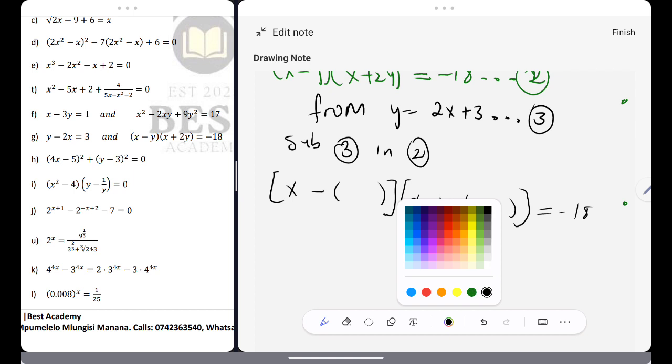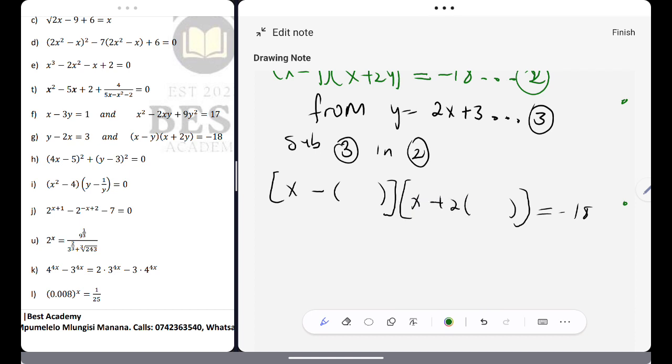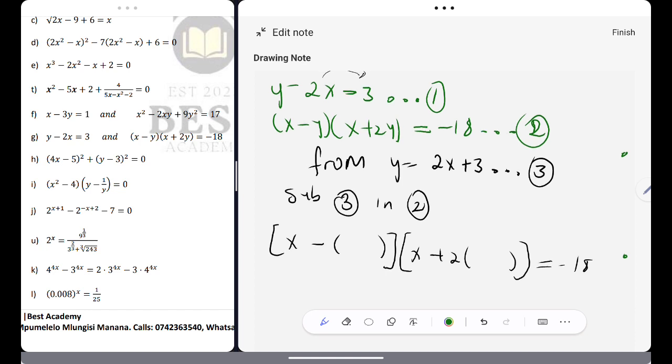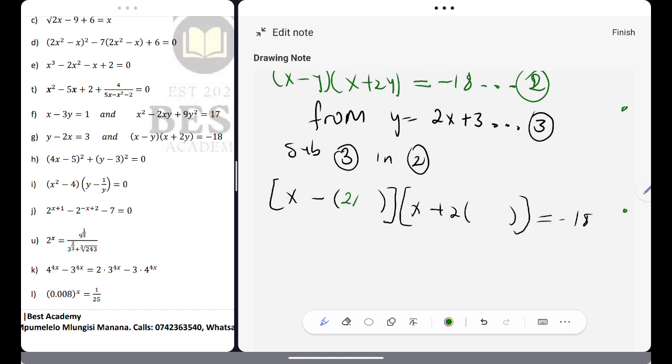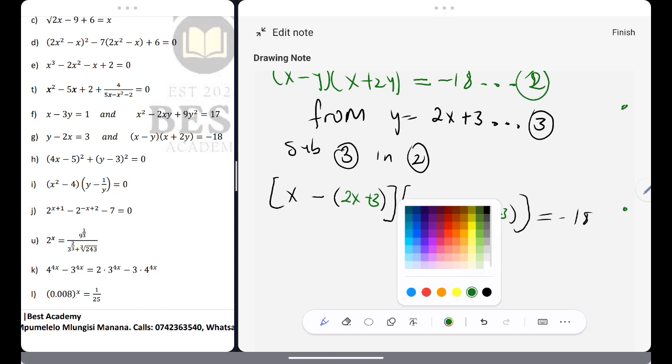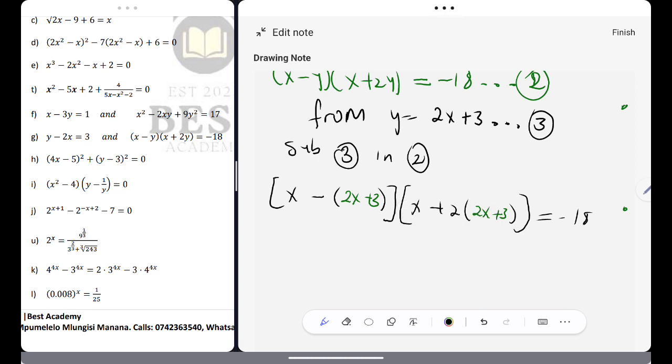Please don't be worried. Whenever I see y, I must put 2x plus 3. 2x plus 3 together. So now I have substituted.